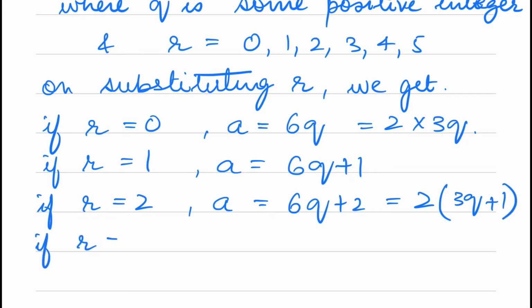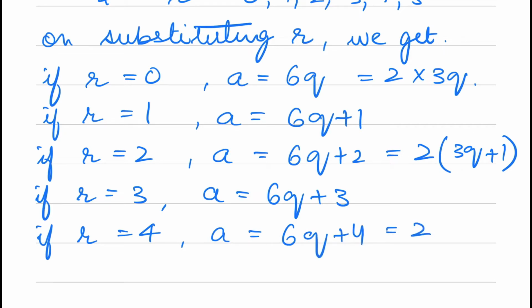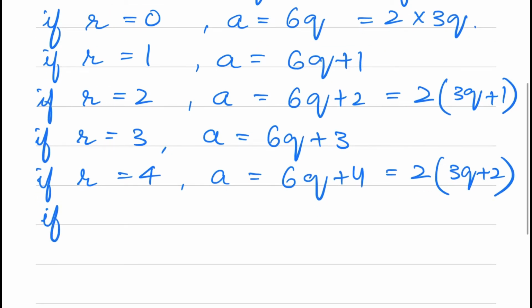If r is equal to 3, then a is equal to 6q plus 3. Here 3 will be common, not 2. Then if r is equal to 4, then a is equal to 6q plus 4. This is 2 common here, 3q plus 2. Then if r is equal to 5, then a is equal to 6q plus 5.